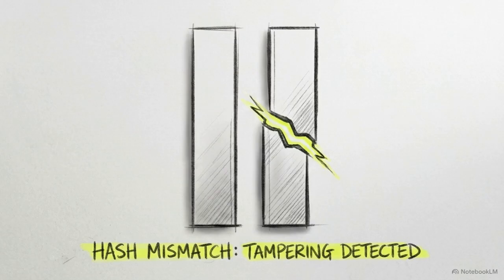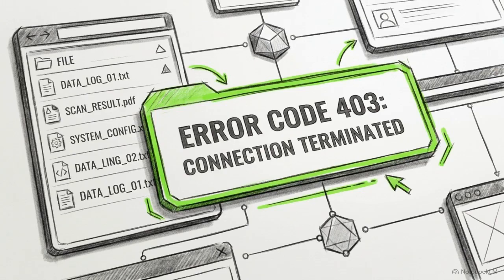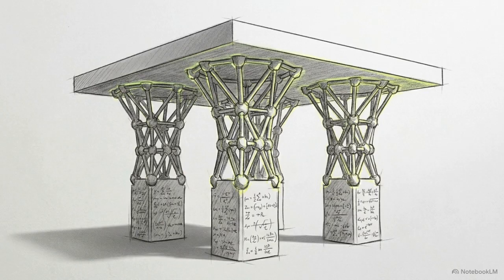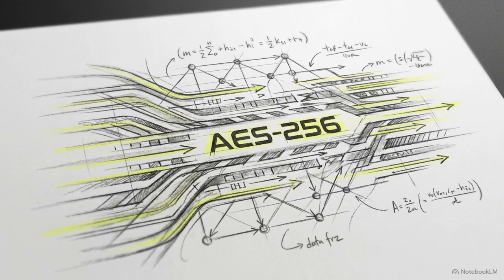The server now has mathematical proof that the data was tampered with in transit. Having detected the compromise, the server immediately rejects the payload. This prevents a corrupted diagnostic result from reaching the physician. This complete architecture relies on three distinct pillars. AES-256 provides the speed necessary to process large medical files in real time.